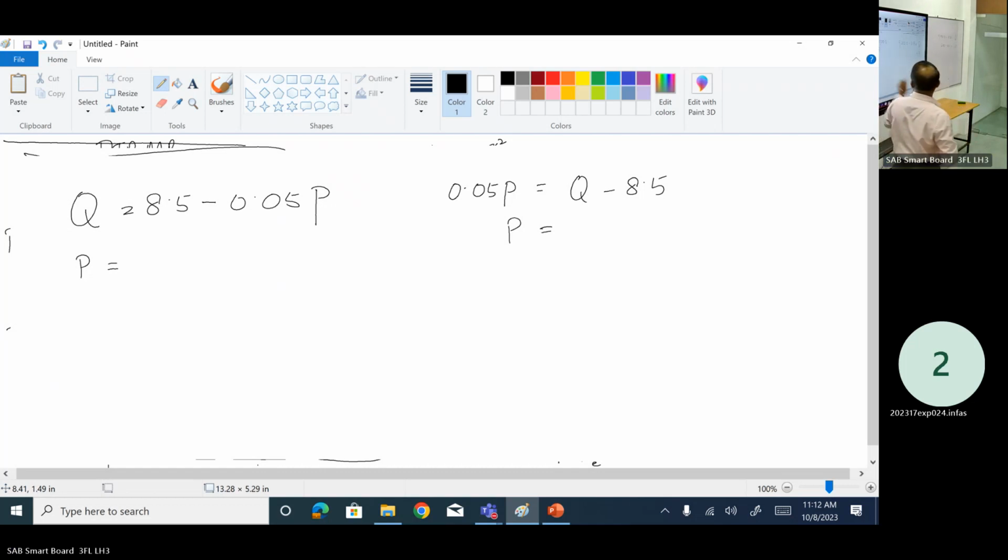How much is the price function? 170 minus 20Q. Okay, you got it?